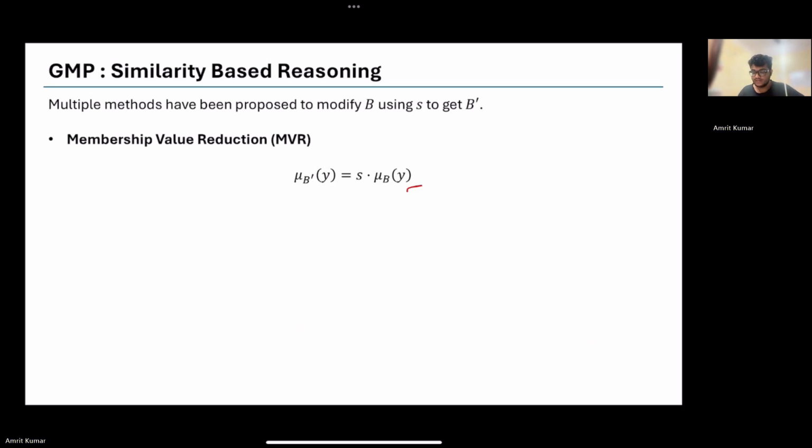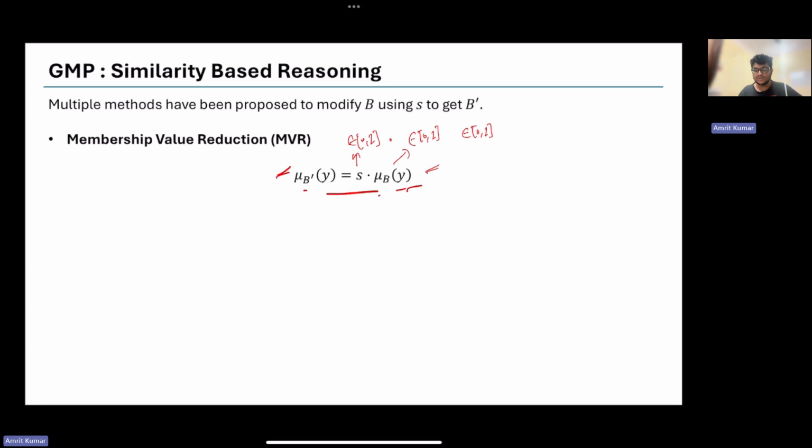The membership function of B dash is given by multiplying the similarity value S with the membership of y in B. And notice that this is well defined, right? Because S comes from the unit interval. So when you take their product, what you get is also a member of the unit interval. So this indeed is a well-defined membership function, right?